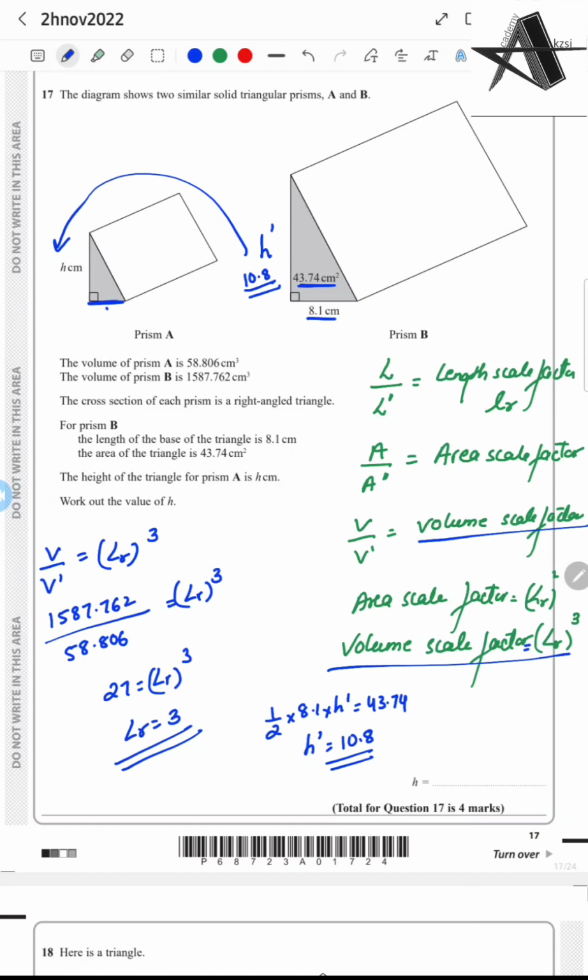Or I would say that if this is h, then 3 times h is 10.8, so h is 10.8 over 3, which is 3.6. So the final answer is 3.6.